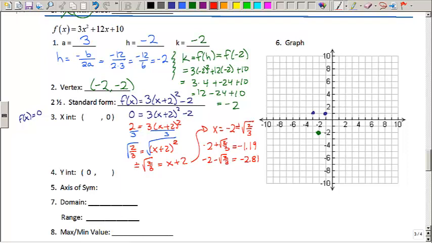So I'm going to plot these two values, negative 1.19, negative 2.81, comma 0. Negative 1.19 is between negative 1 and 2. Negative 2.81 is between negative 2 and negative 3, which is exactly where we would hope they would be using our picture. My y-intercept is found by evaluating f of 0. If x is equal to 0, what is y, or f of 0?